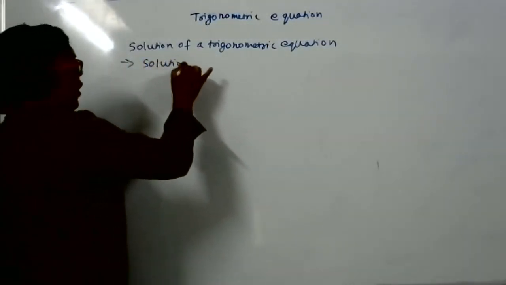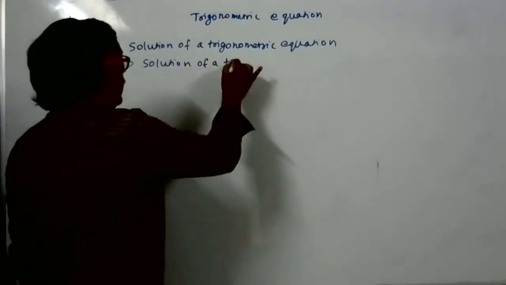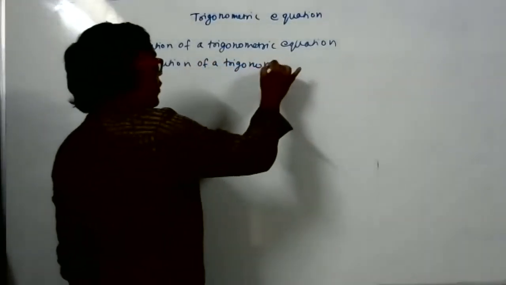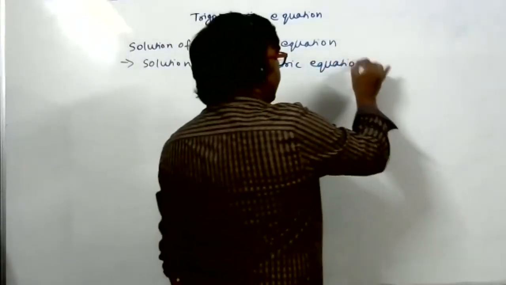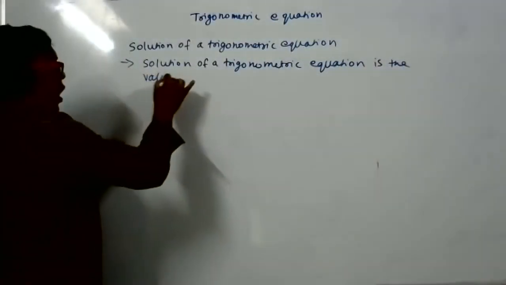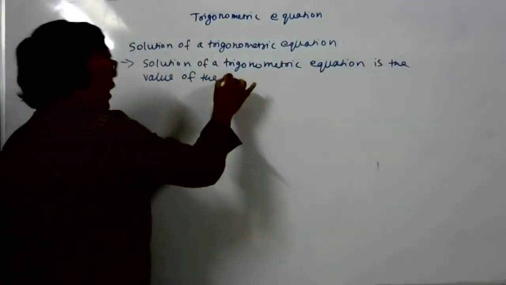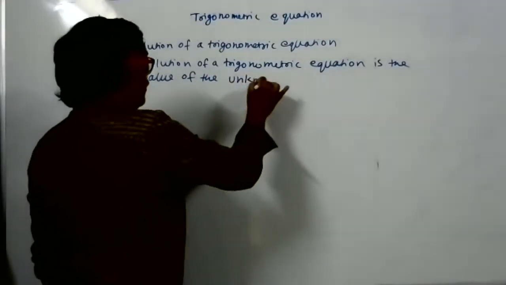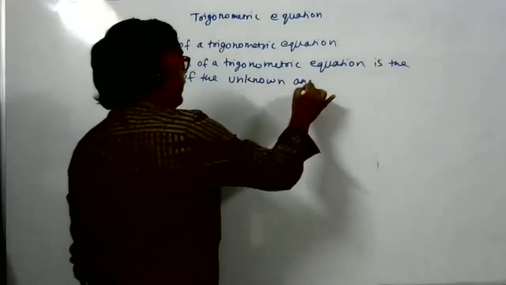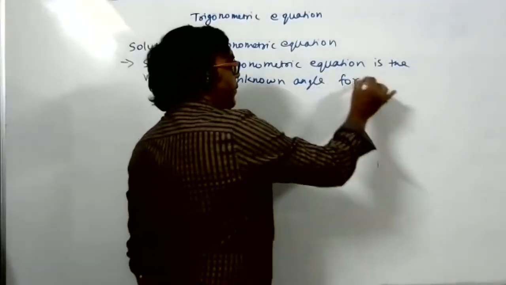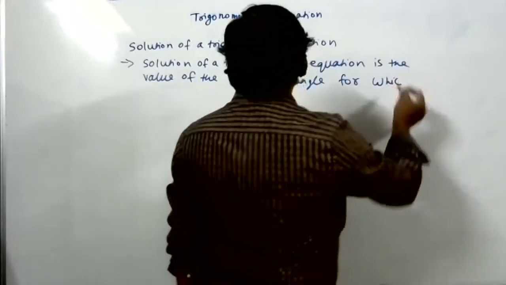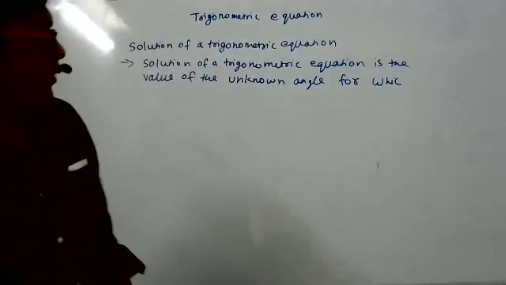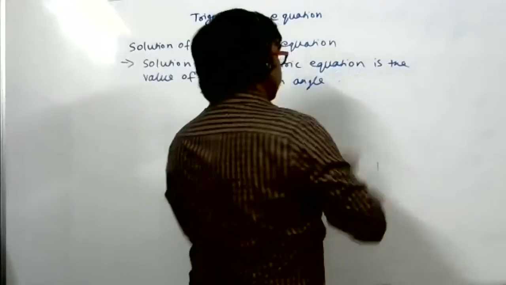Solution of a trigonometric equation is the value of the unknown angle for which the left hand side becomes equal to the right hand side, or the unknown angle which satisfies the equation.